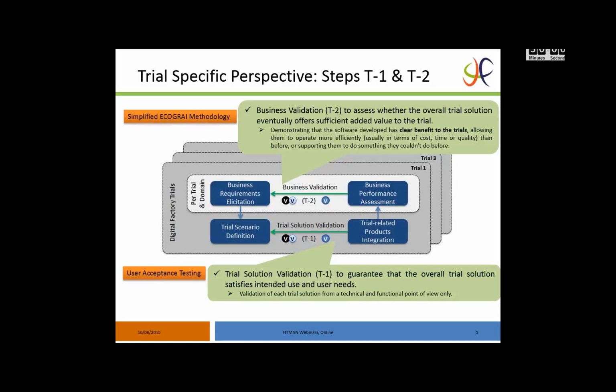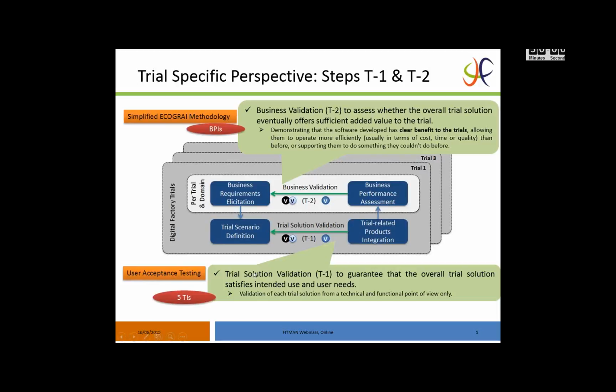In this step, our recommended technique is to adopt the simplified eco-gray methodology that includes the definition of specific objectives and ends up with the definition of specific business performance indicators.